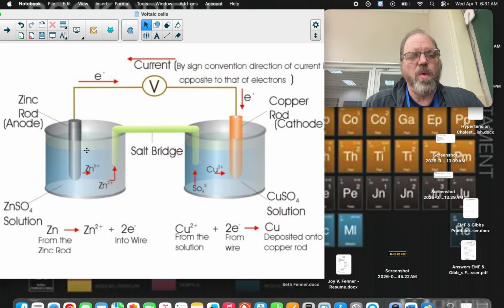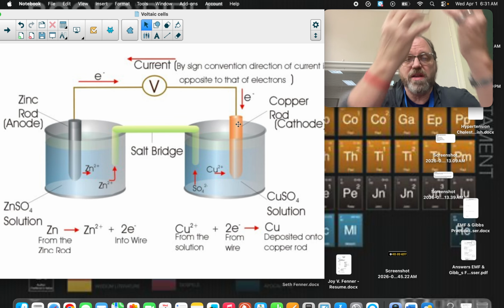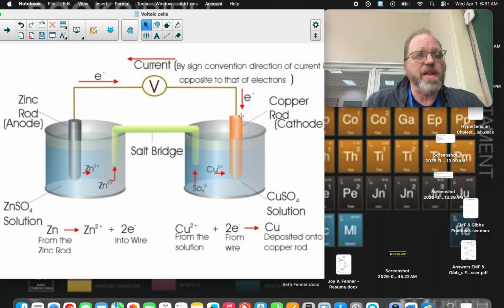The ions then go across the salt bridge, and those charges build up to the point where they react. This side becomes positive. Opposites attract, the electrons are pulled, so the electrons move in this direction.